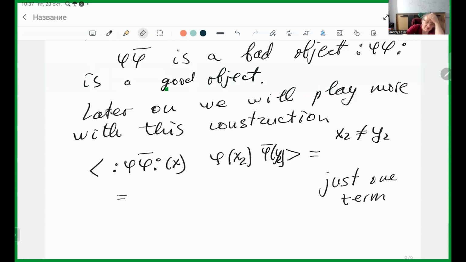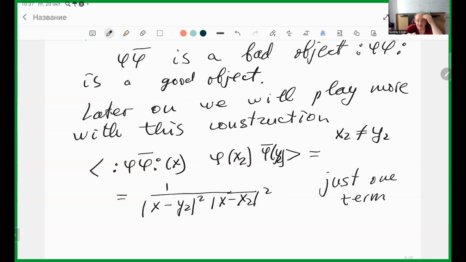No, I wrote it properly. It is x minus y2 moduli square and x minus x2 moduli square.